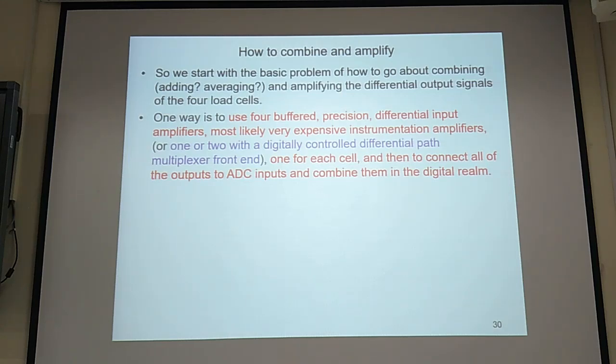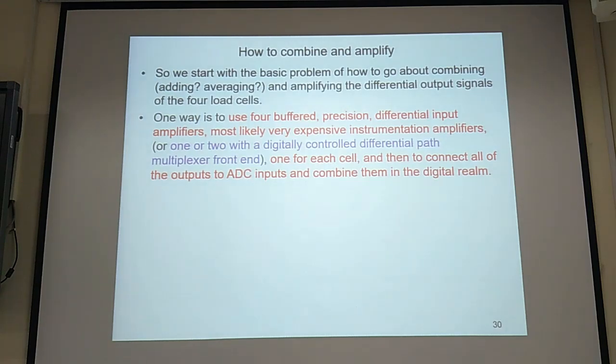So probably we need a buffer. We need to put an OP in front of the inverting input and non-inverting input to provide an infinite input impedance for the Wheatstone bridge.